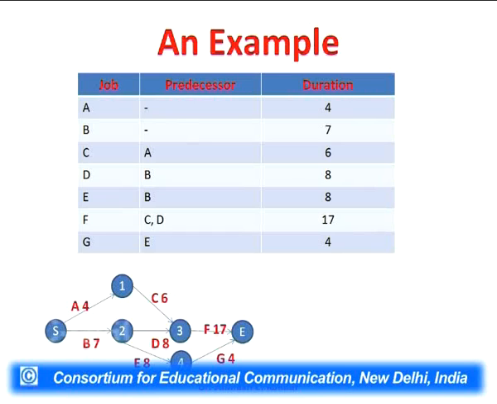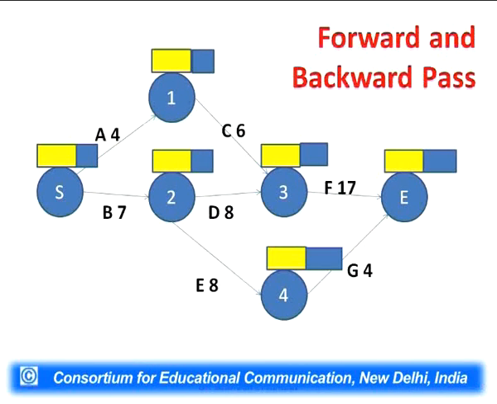We can name it PERT, we can name it CPM, but we'll name it CPM because only deterministic time estimates are given. There is no probability attached to these time estimates. So we have an exact duration of the project. Now, the same network, we want to know the total duration of the project.